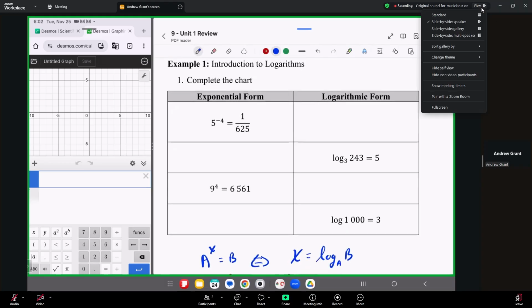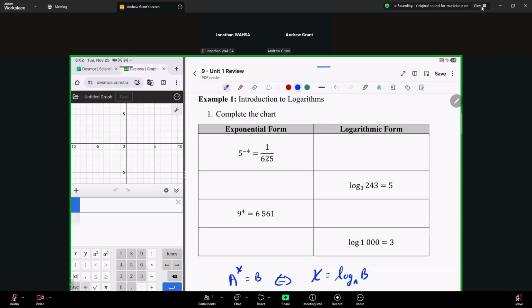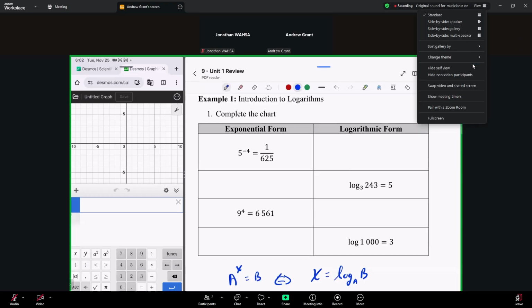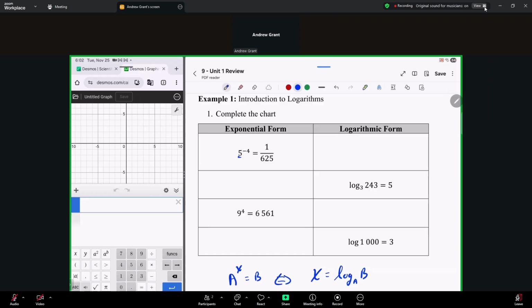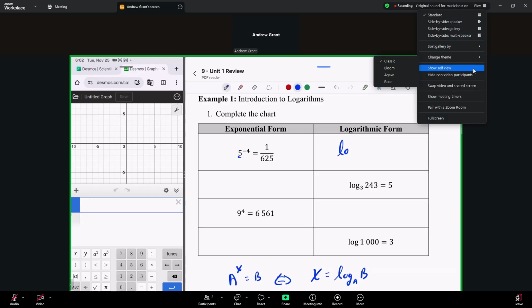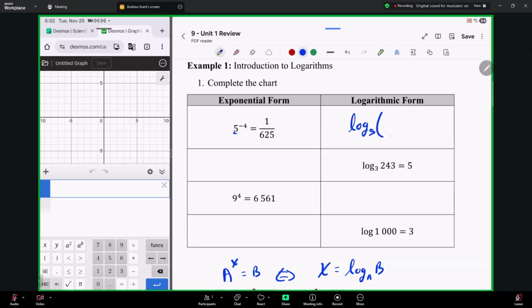If we have 5 to the power of negative 4 is equal to 1 over 625, the key thing to note is the base of the exponential will be the base of the logarithm, and you're solving for the exponent.